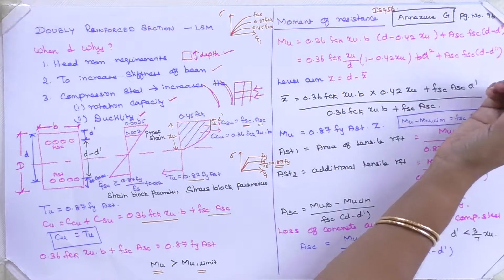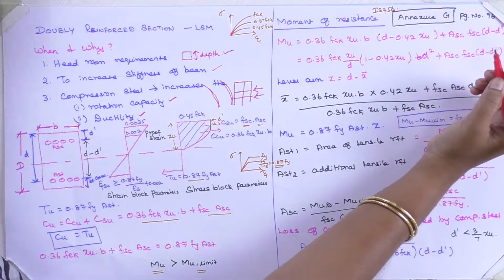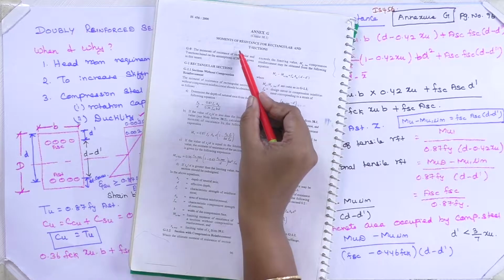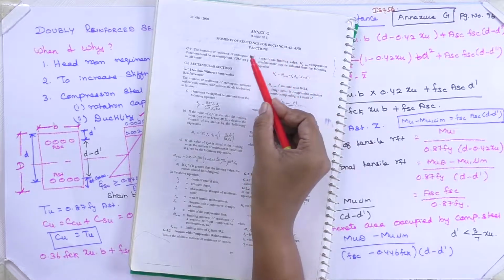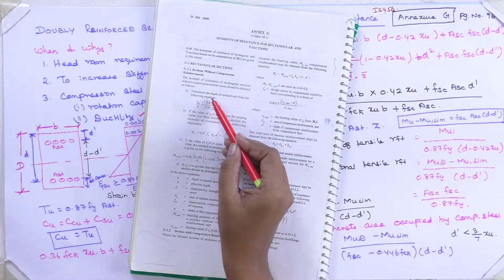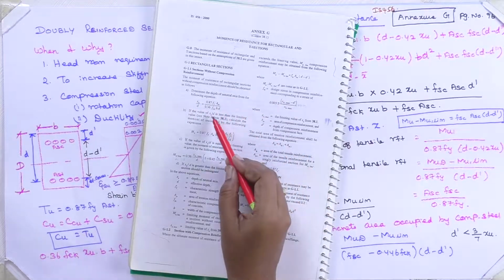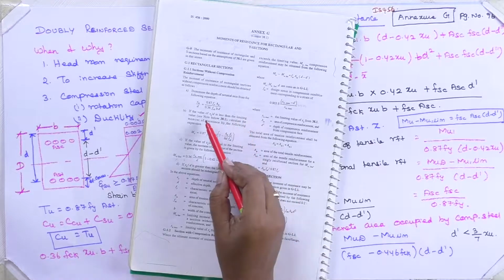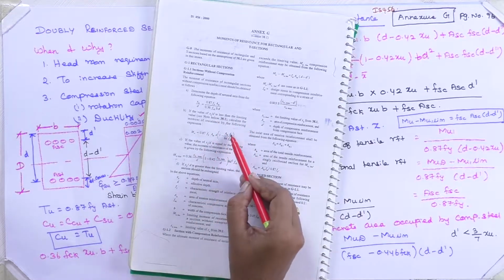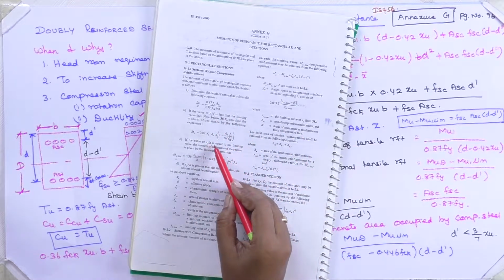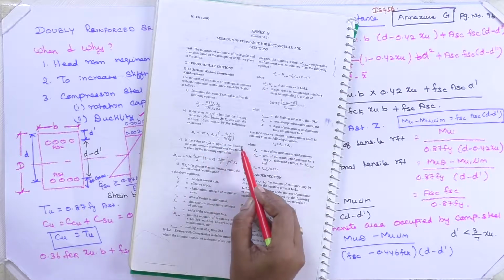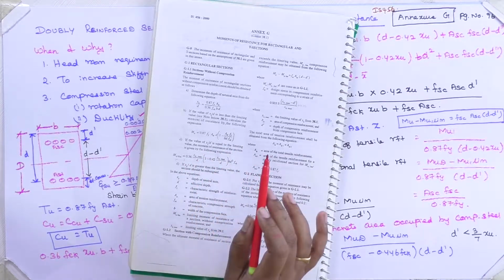In that code book, we can see the moment of resistance formulas for rectangular sections, and how to calculate the depth of neutral axis from the equation XU by D. When XU by D is less than the limiting value, I can go with this equation. When XU by D is equal to the limiting value, that is the limiting moment of the section, I can go with this equation.